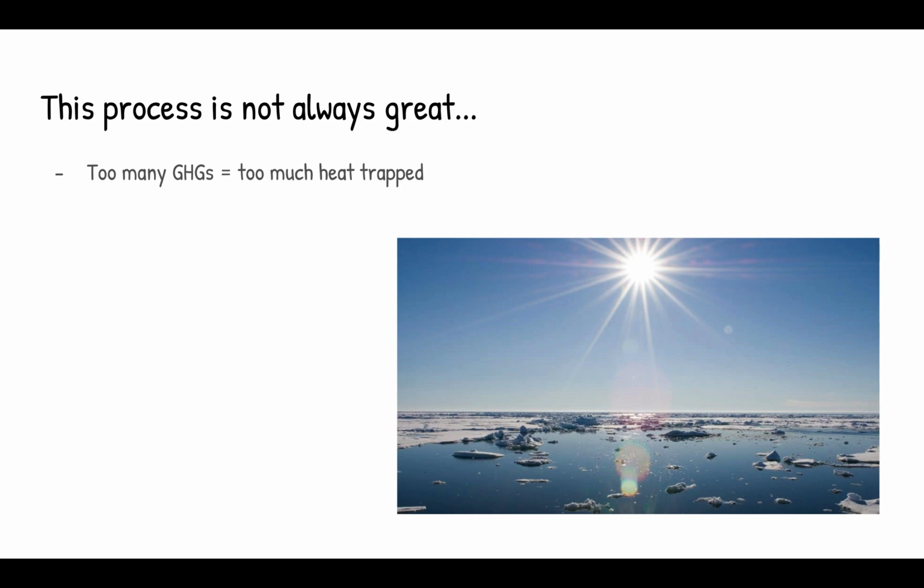And the phrase that describes this is a common term that you may know called global warming. So, this is essentially what global warming is: too much heat being trapped by these greenhouse gases, by the greenhouse effect, that significant consequences can come on later.